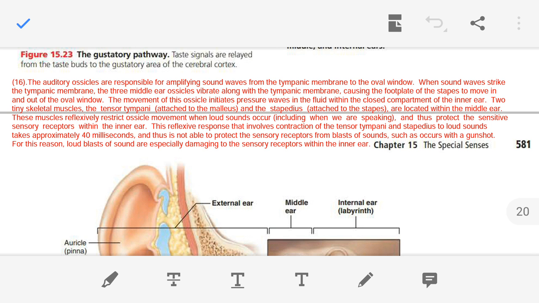So this can damage our receptor cells in the inner ear, and our hearing ability can be damaged. So it is advisable to listen to songs at low volume.